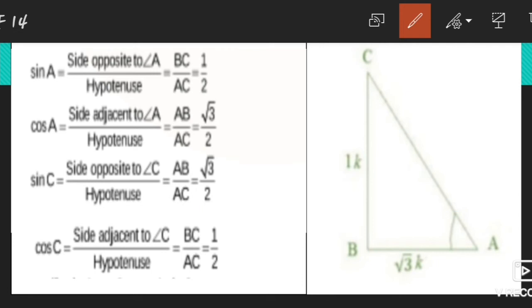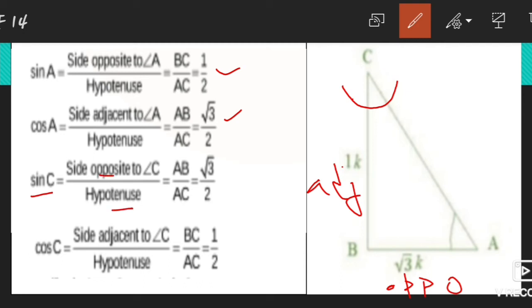Now when you are calculating sin C and cos C, you have to take C as the acute angle. This C is the acute angle. Then this one will become the opposite side and this one will become the adjacent side. So for sin C, the formula will be the same, opposite by hypotenuse.